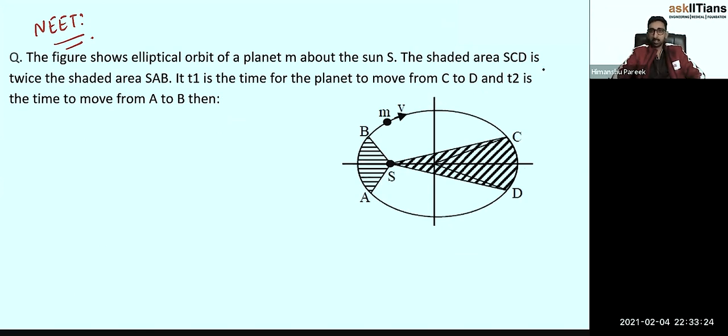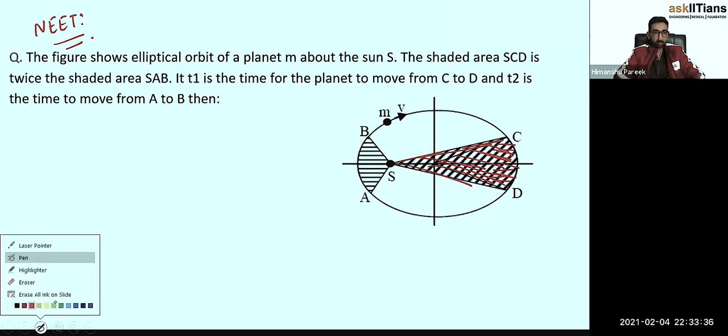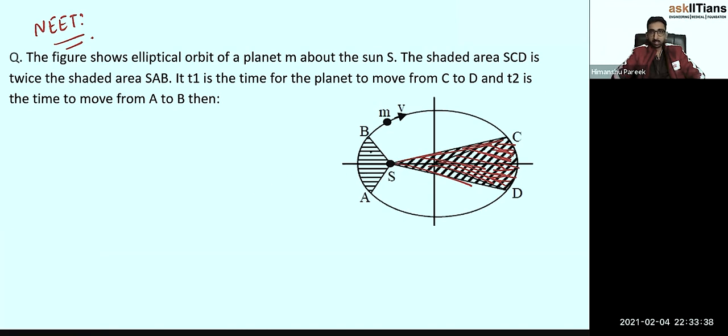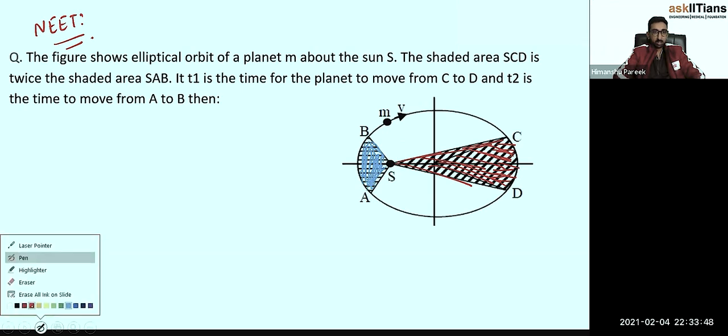The shaded area SCD, this one, and another shaded area SAB.